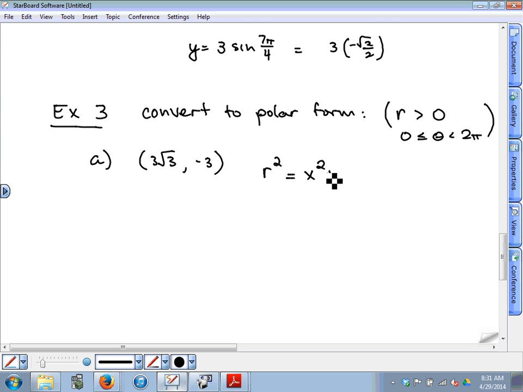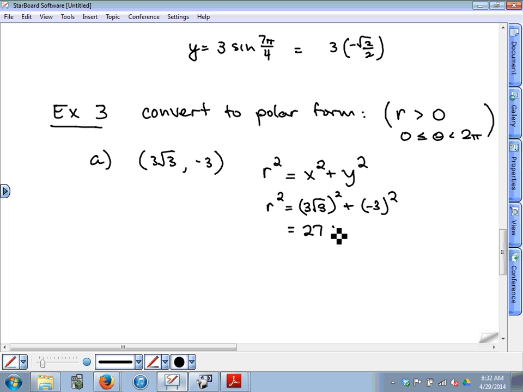r squared is x squared plus y squared. So 3 square roots of 3 squared plus negative 3 squared. It is just basic arithmetic, but you have to know what you're doing. 3 squared is 9, the square root of 3 squared is just 3, and 9 times 3 is 27.